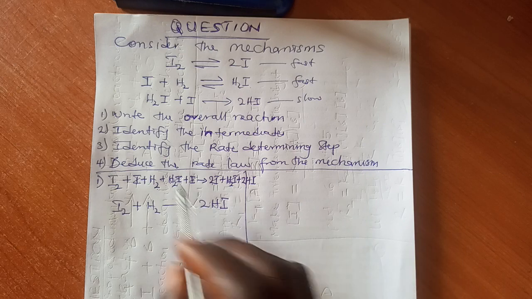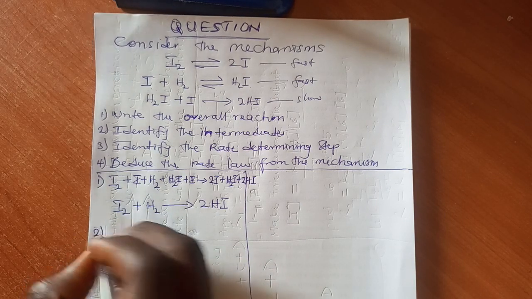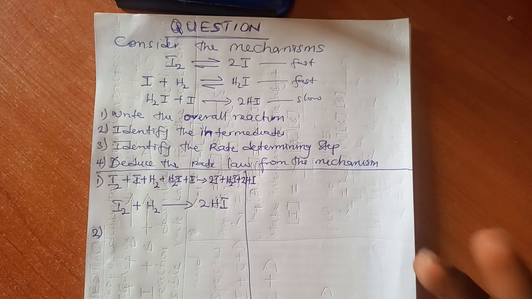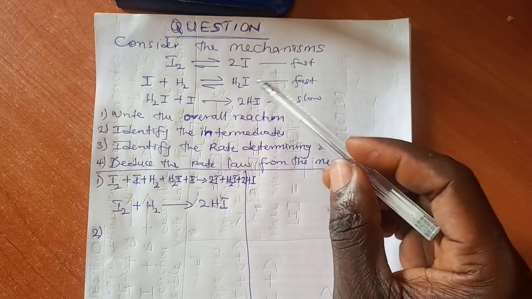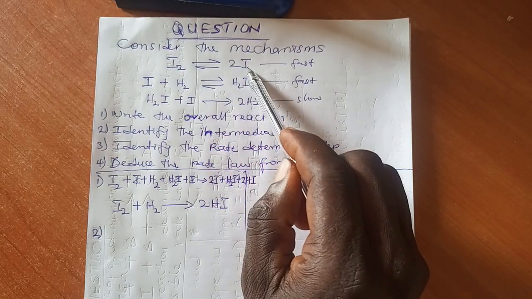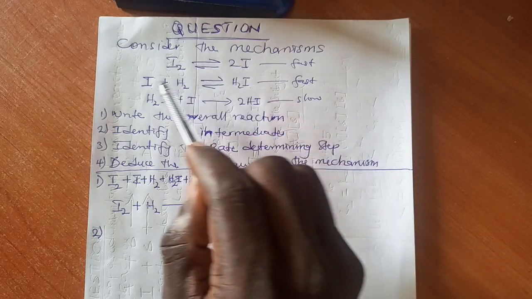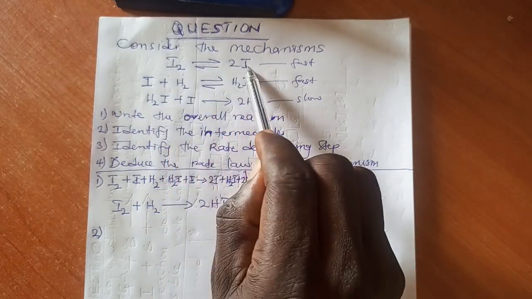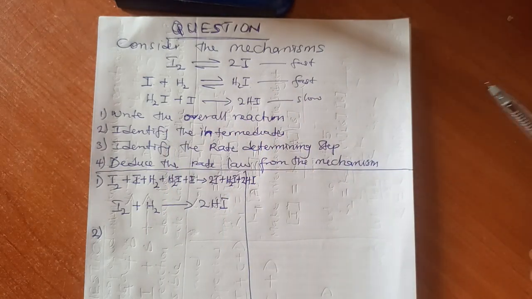So the next question is identify the intermediate. Most times what you cancel out are the intermediates, but you can also know them like this: iodine is produced here and also consumed here. This becomes the intermediate. Go back to my past videos and see the definition of intermediates.